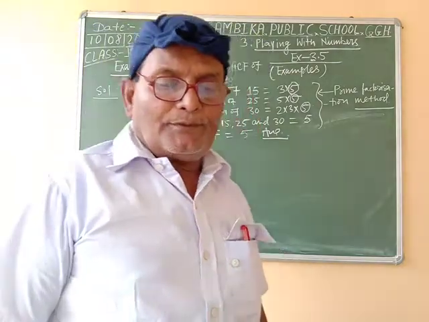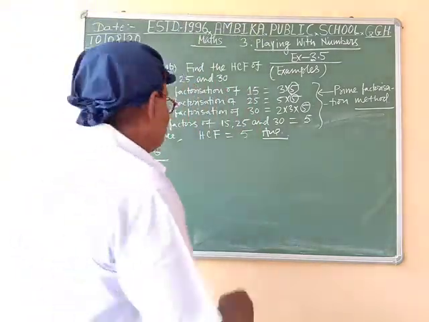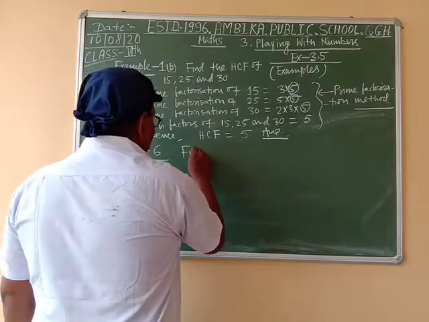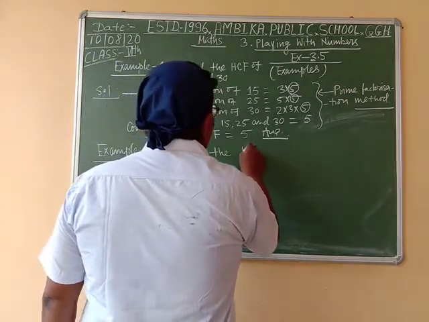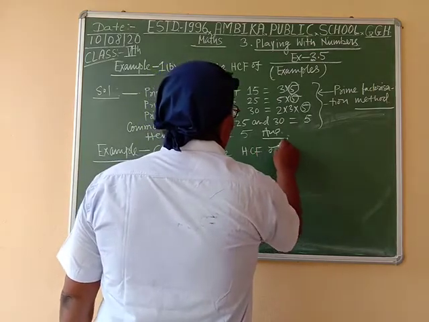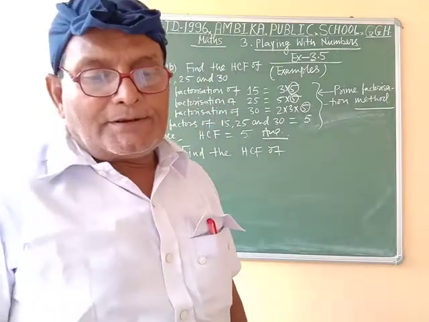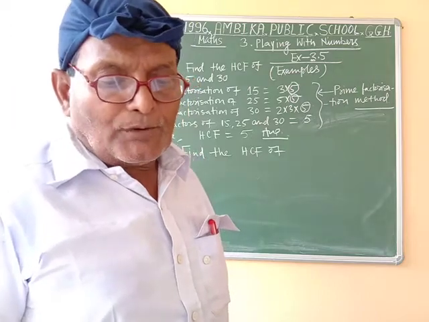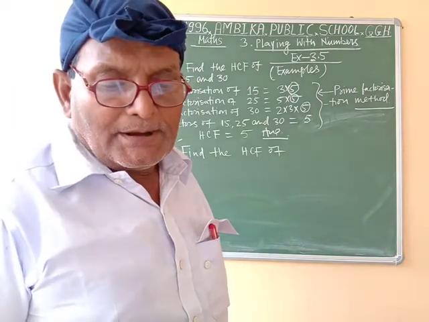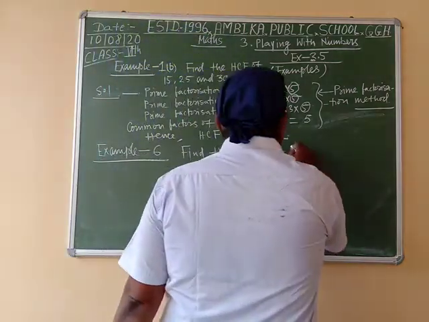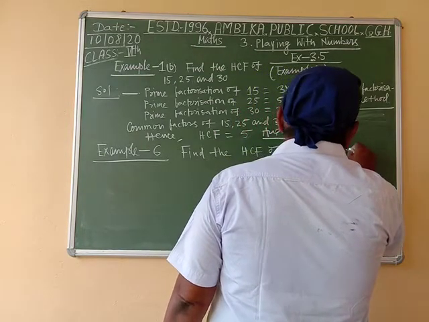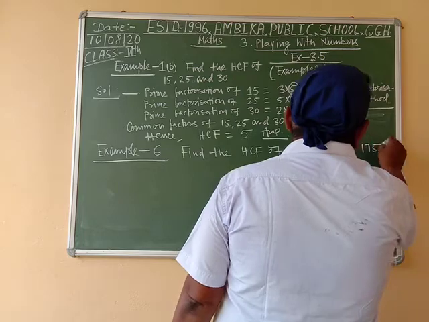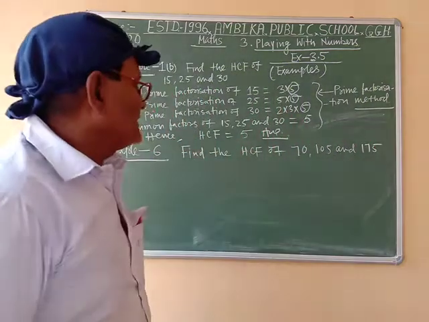Find the HCF of 70, 105 and 175. Here there are three numbers.